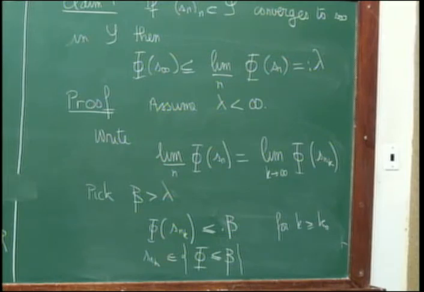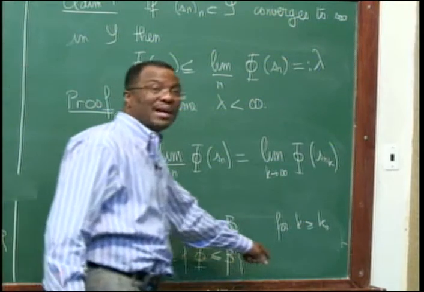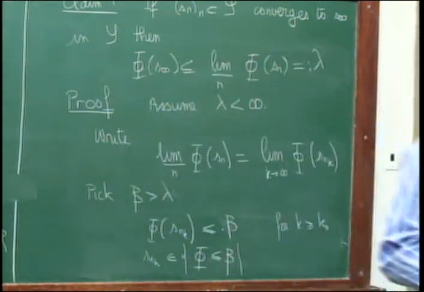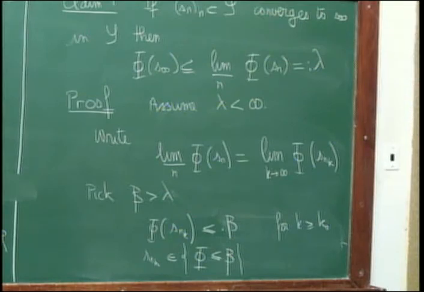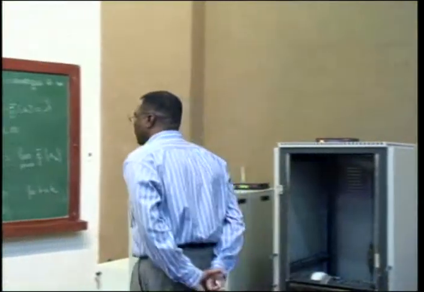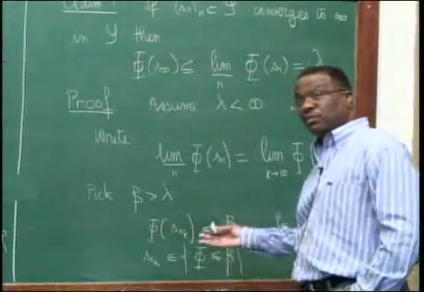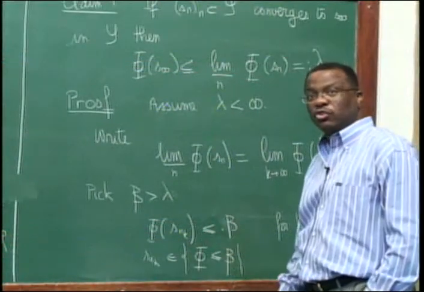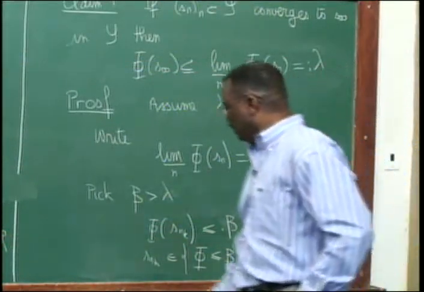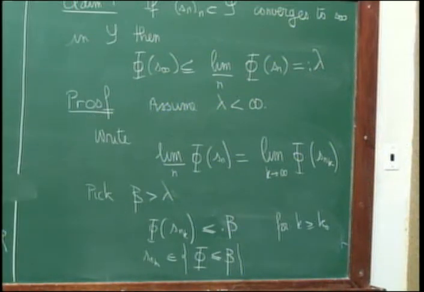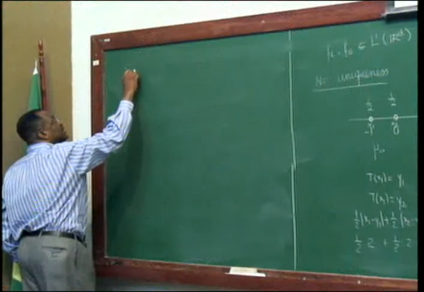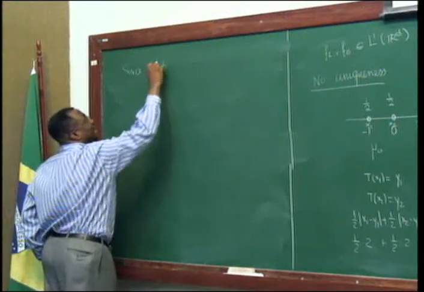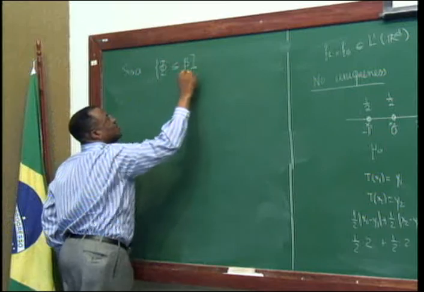But this set is compact. And so if I take any sequence in a compact set, I can extract a subsequence which is convergent. And there I am using the fact that we have a Hausdorff space. So I am going to extract another subsequence, but I am not going to relabel it, since the set where phi is less than beta is compact.